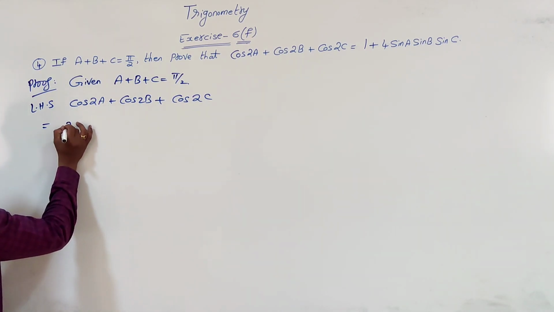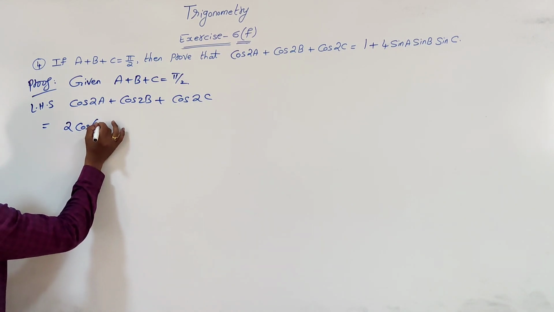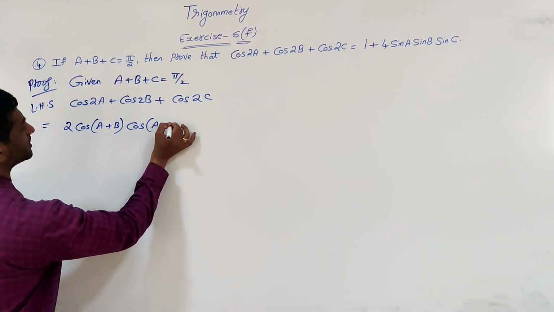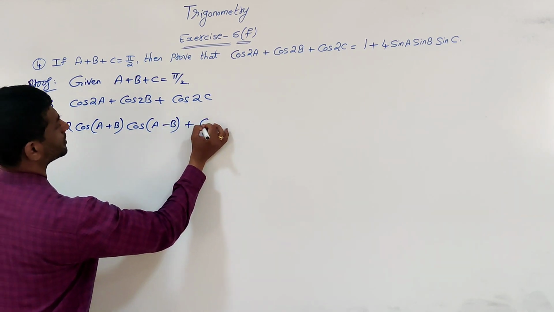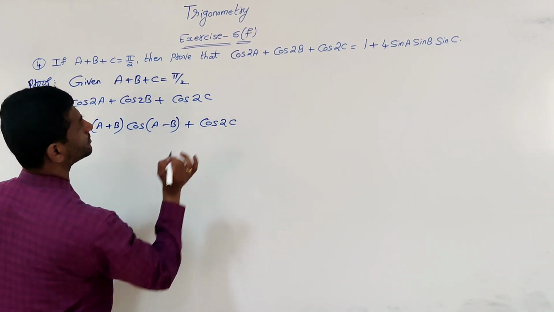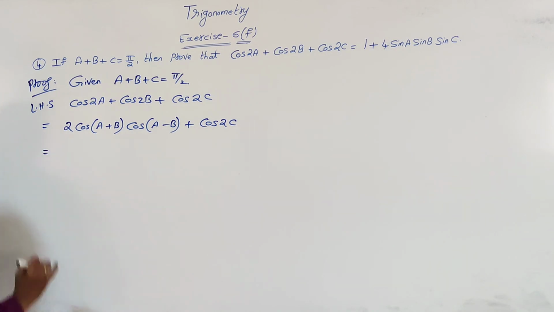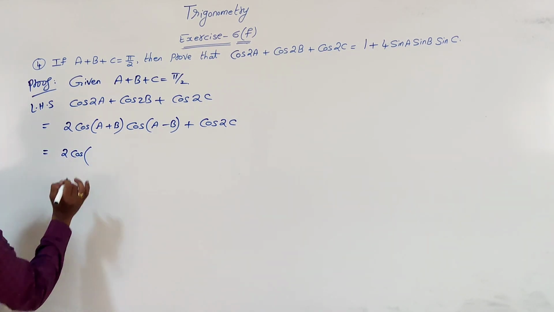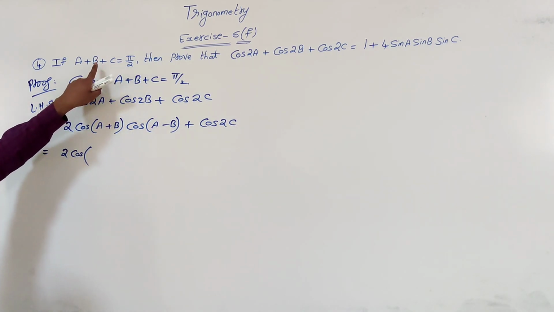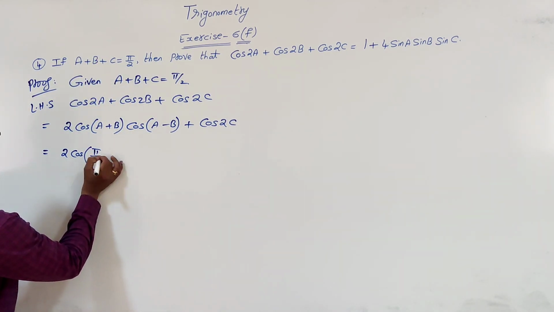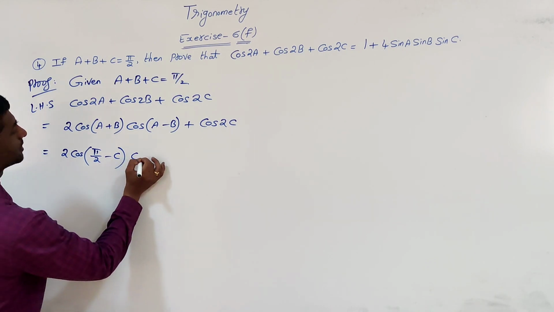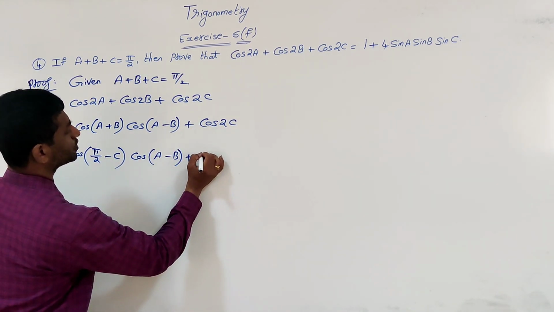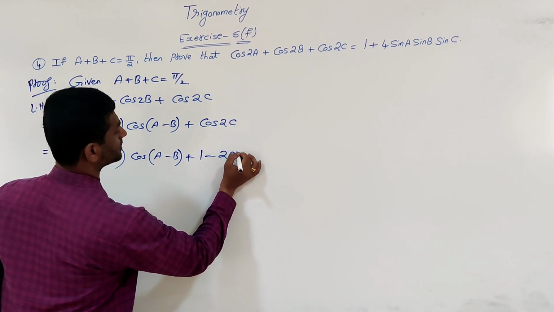So it will be 2 cos A plus B cos of A minus B plus cos 2C. 2 cos A plus B, A plus B can be written as pi by 2 minus C, cos of A minus B plus cos 2C is 1 minus 2 sin square C.